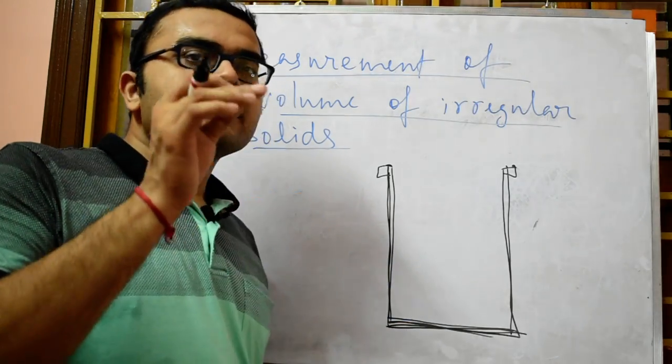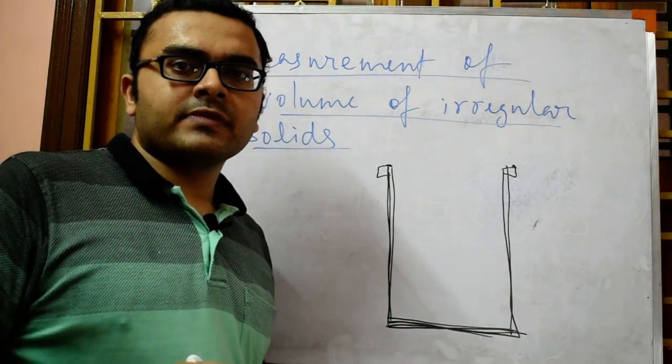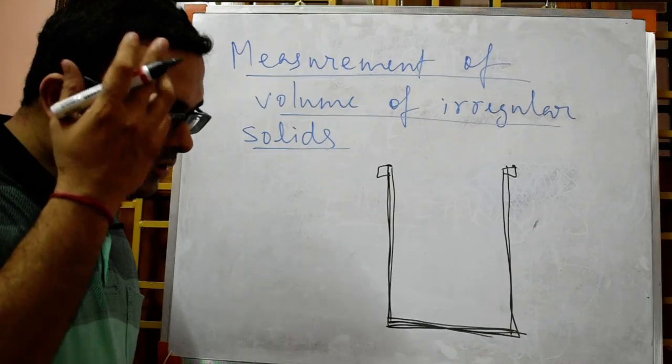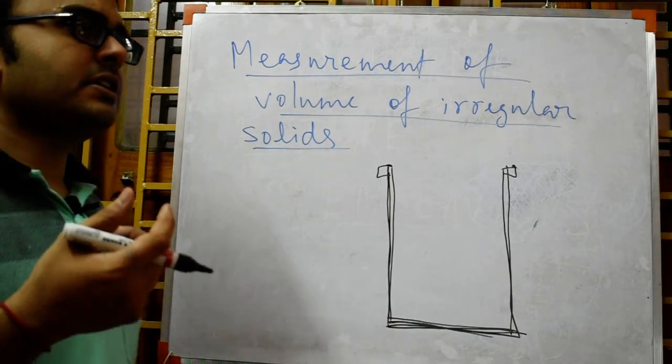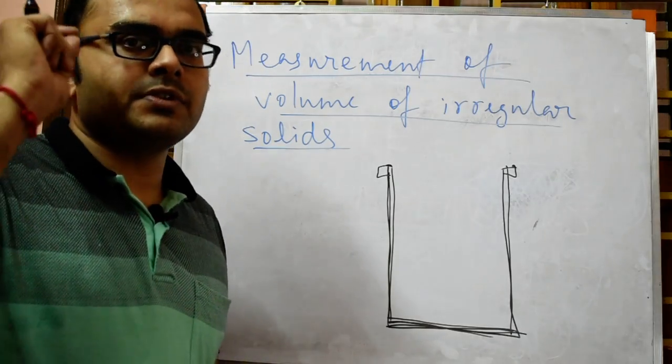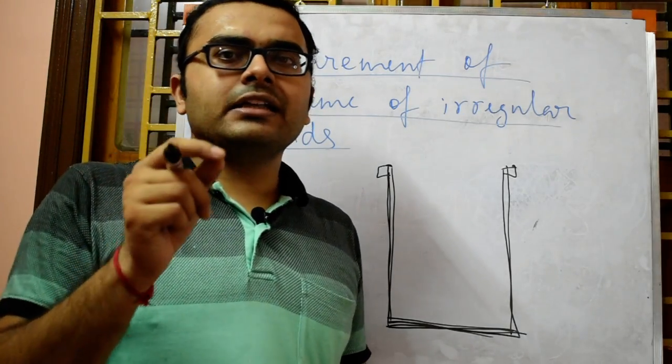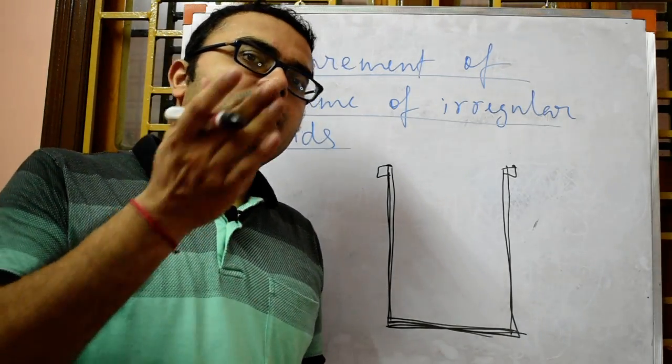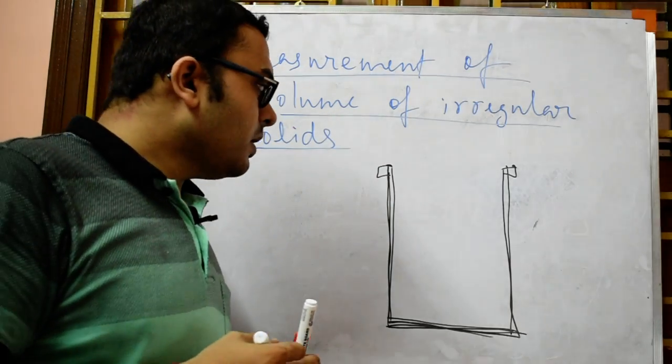Graduations means it has scales marked on it. The scale that you use to measure the length of your pencil or pencil box has graduations in centimeter or millimeter, or on the other side in inch.